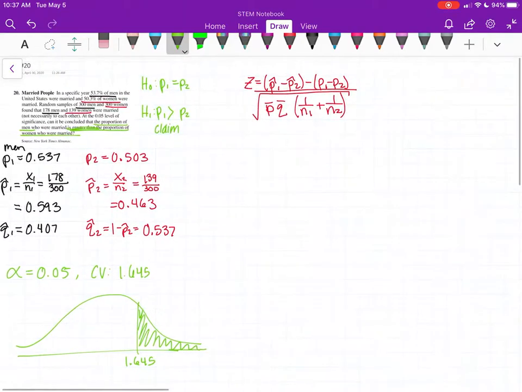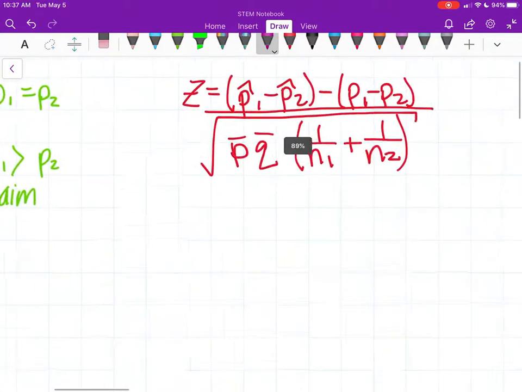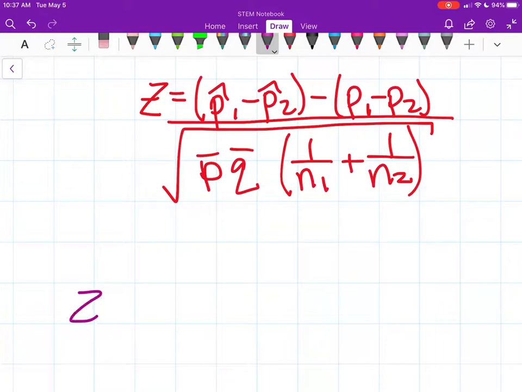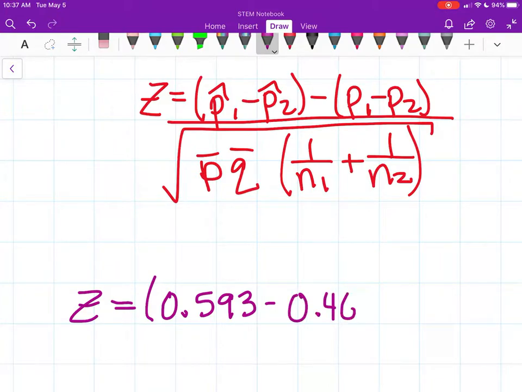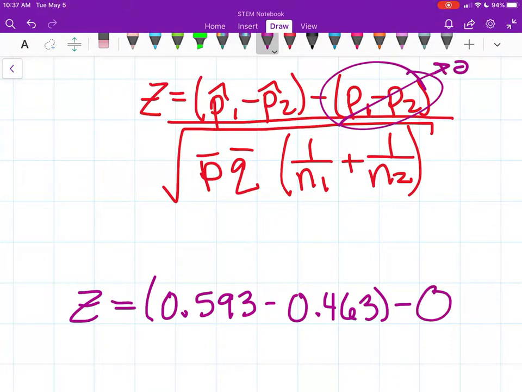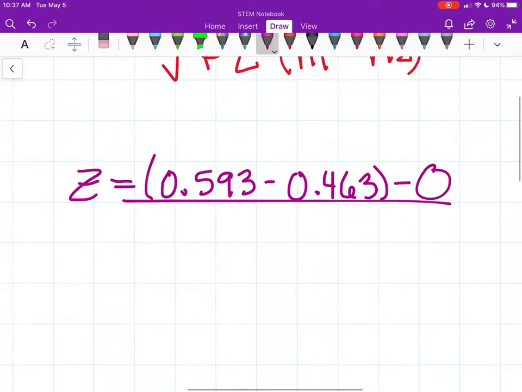Now let's compute our test point. As you can see, I've already written out the formula. Now let's plug in our numbers here. P hat 1 is 0.593 minus 0.463 minus, and this is just 0, all over the square root.